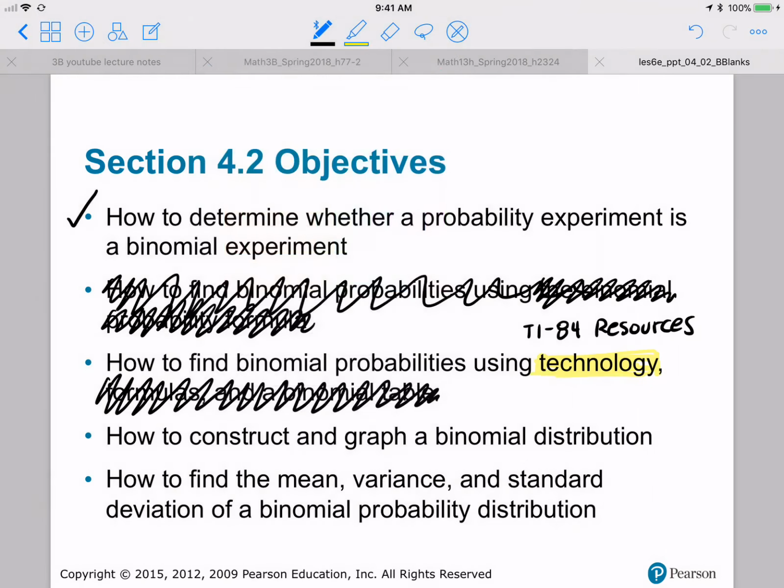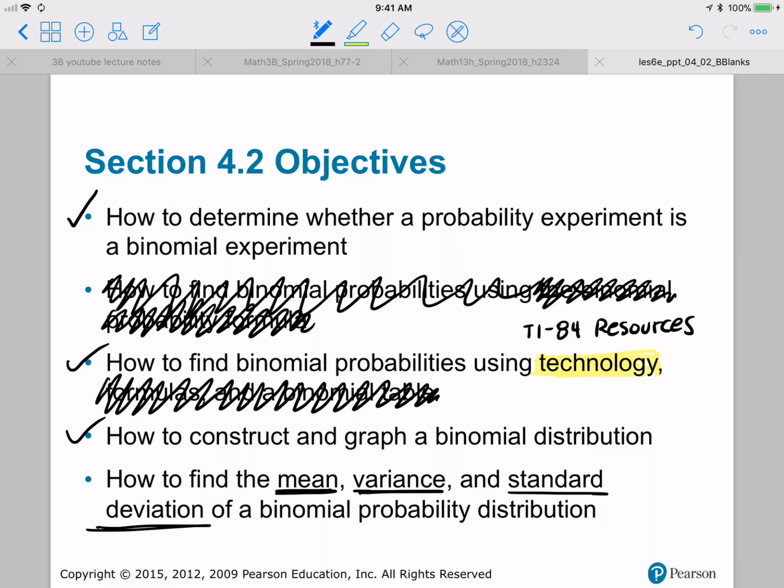Okay, and we will construct and graph binomial distributions, and lastly, we will learn formulas for finding the mean, variance, and standard deviation of binomial probability distributions. If you recall, there were long drawn-out formulas for finding the mean and the standard deviation and complicated keystrokes on the TI-84.